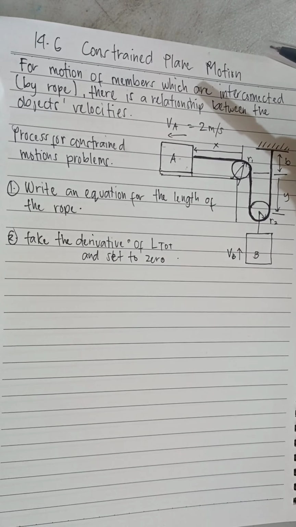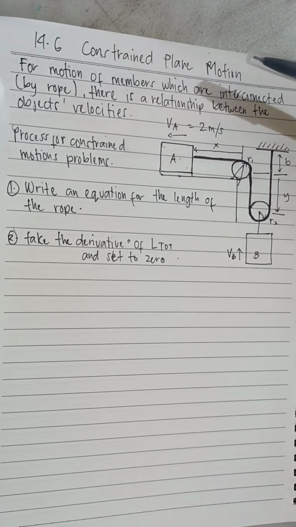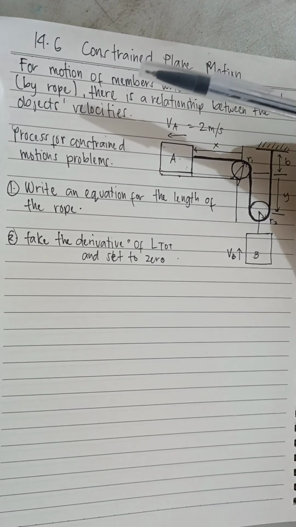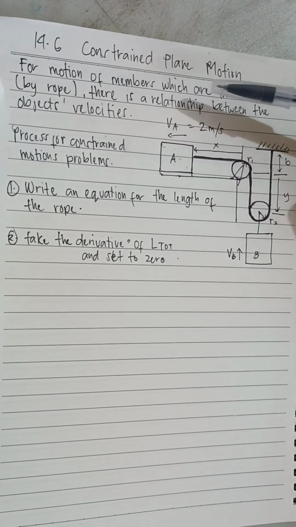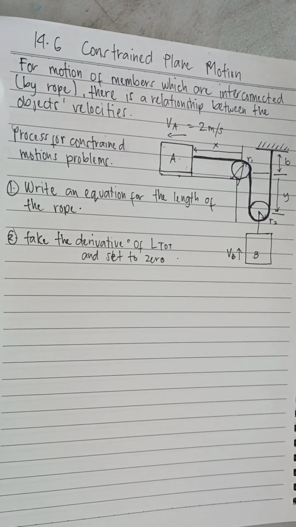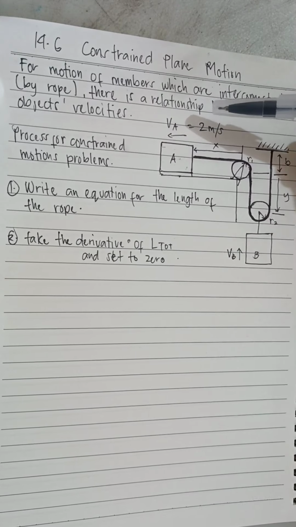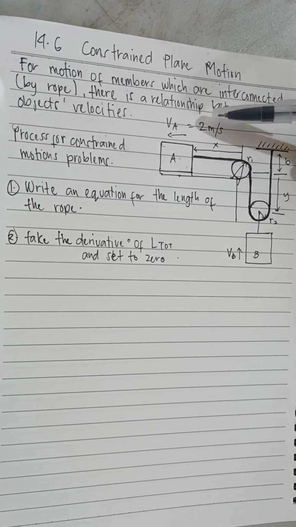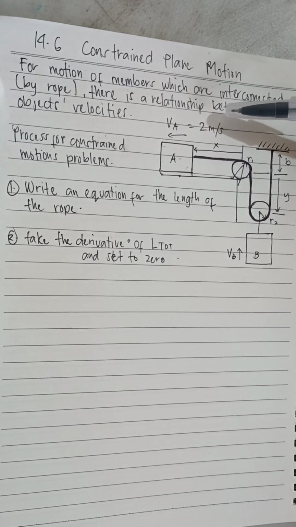Sa definition niya, for motion of members which are interconnected by rope, there is a relationship between the objects' velocities and their change of positions and acceleration. Things like that. So, paano kung itong block A ay hinila natin to the left with a velocity of 2 meter per second?